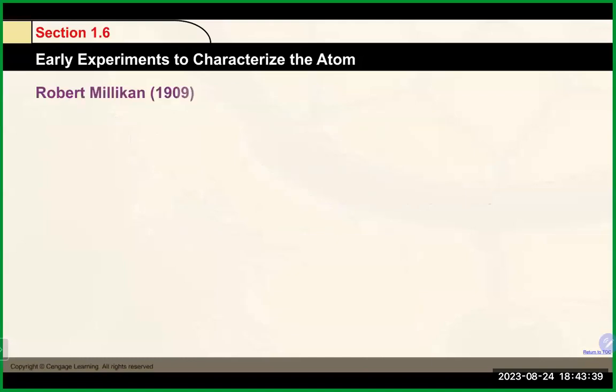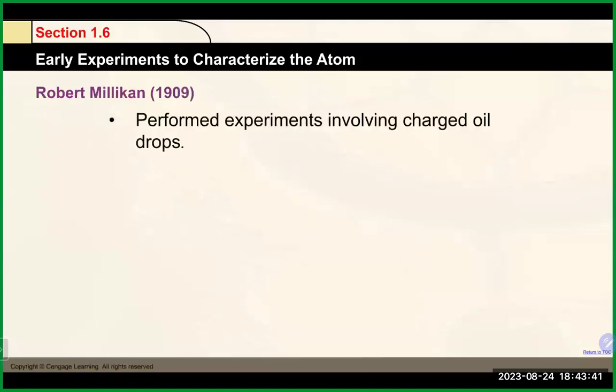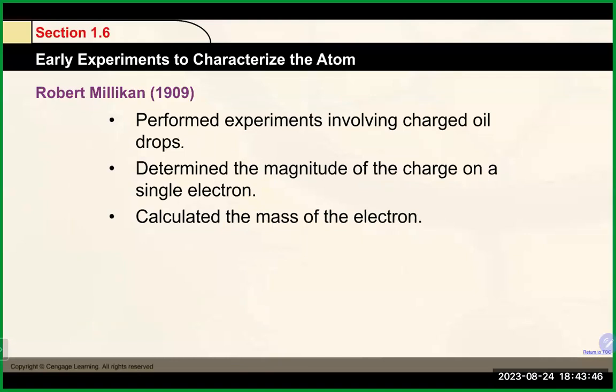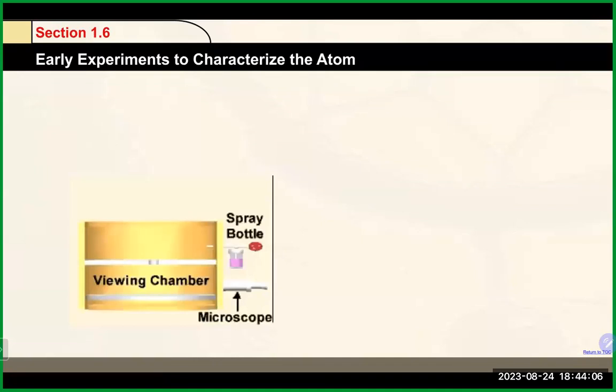So further experiments were done to explore electrons, and the next major electron experiment was one done by Millikan. It is sometimes referred to as the oil drop experiment, and it is pretty much what it sounds like. He took oil and atomized it into droplets of oil, and he put it into a chamber.